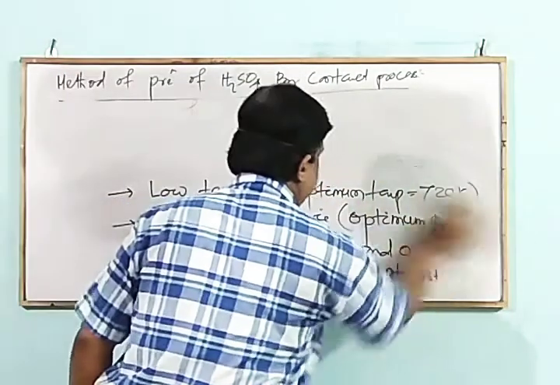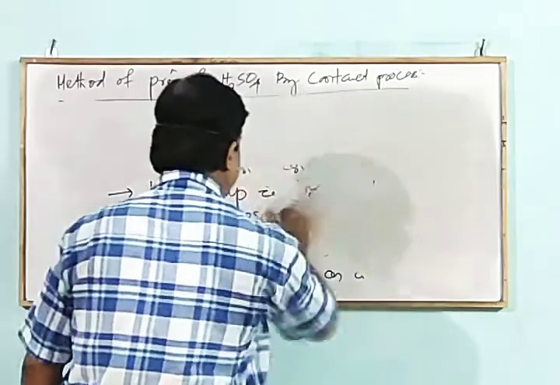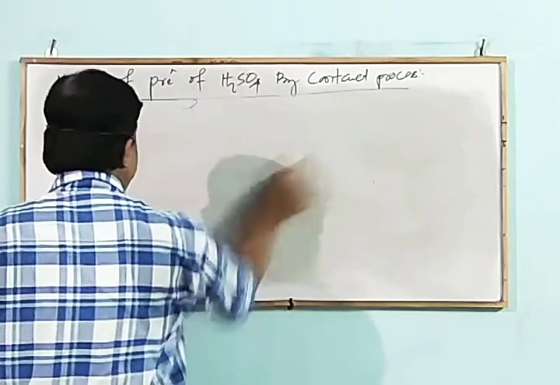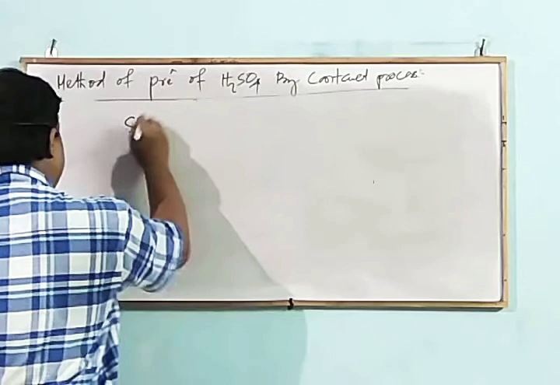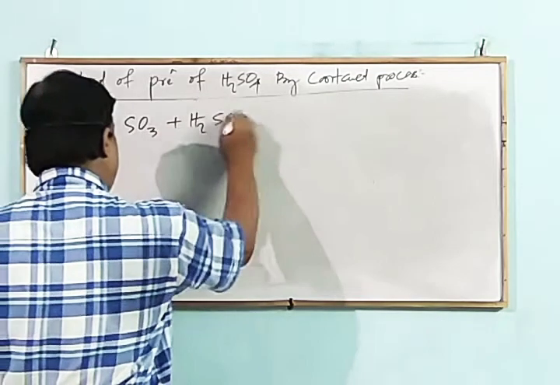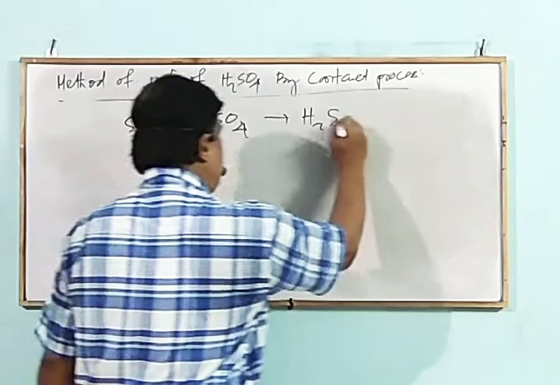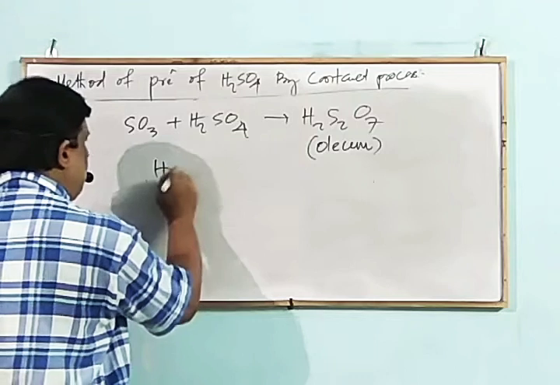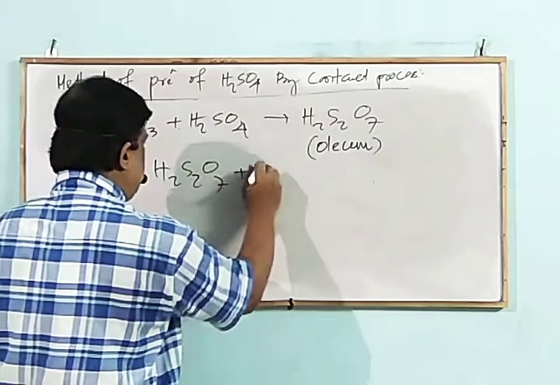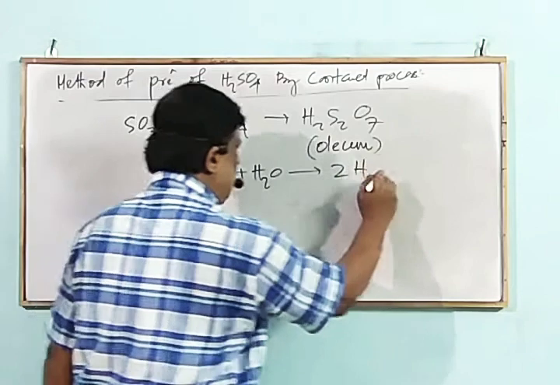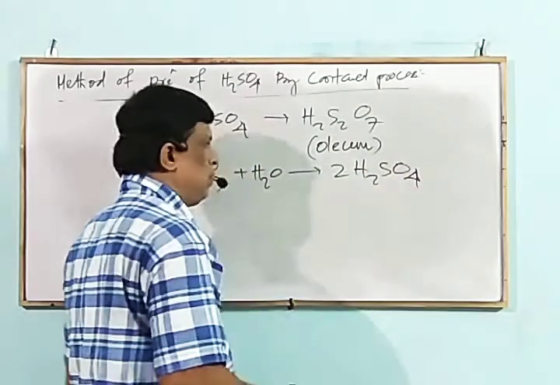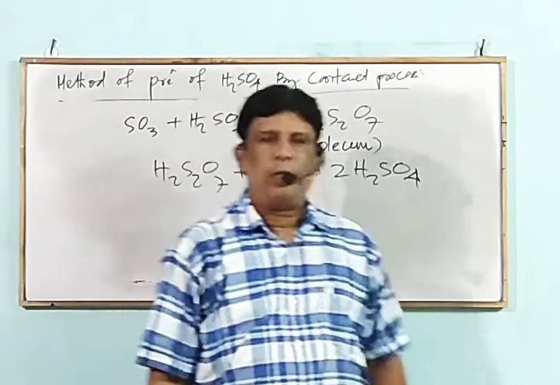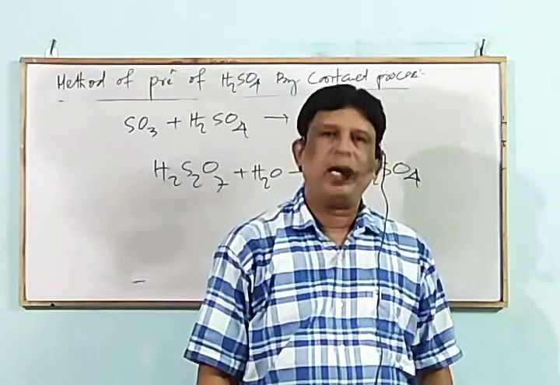Mark the equation, that is SO3 plus H2SO4 to form H2S2O7, that is known as oleum, and oleum is dissolved in water to form the desired concentration of sulfuric acid. It is the method of preparation, the total theory of manufacture of sulfuric acid by contact process.